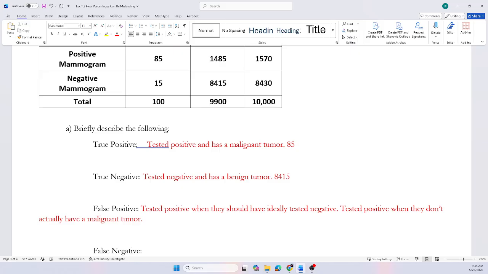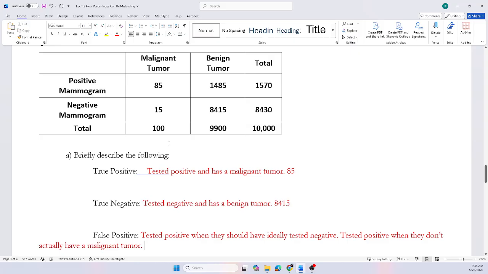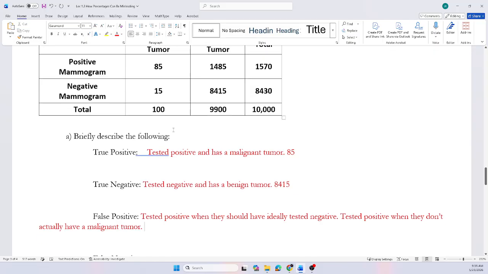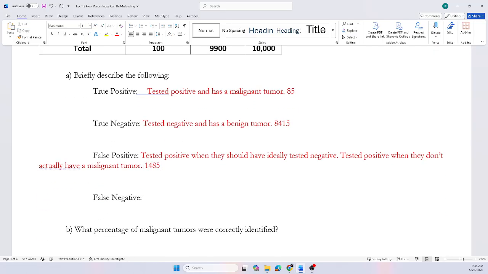These are the people who the test indicates have a malignant tumor, but they don't actually have one. So if we look at our table, there's going to be 1,485 people who tested positive, right? They have a positive mammogram, but it's a benign tumor. So there's 1,485 false positives in this data set.